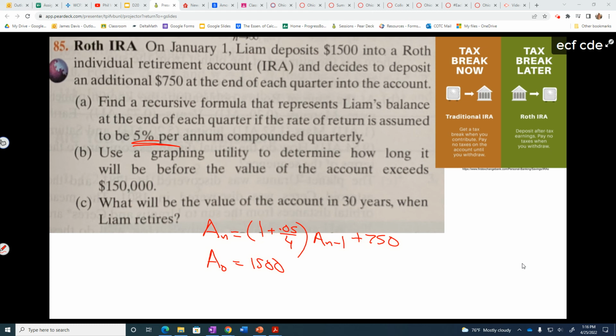Now let's say he decides this is not enough, because nobody's going to be able to live off of that in 25 years. So instead of doing this 750 quarterly, let's say he changes it to monthly. He decides, I need to do this more than once a quarter. I'm going to do this once a month.